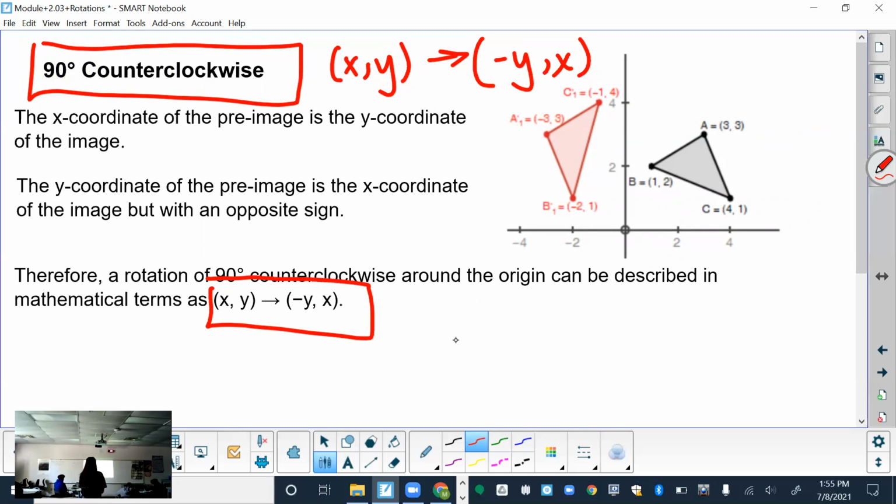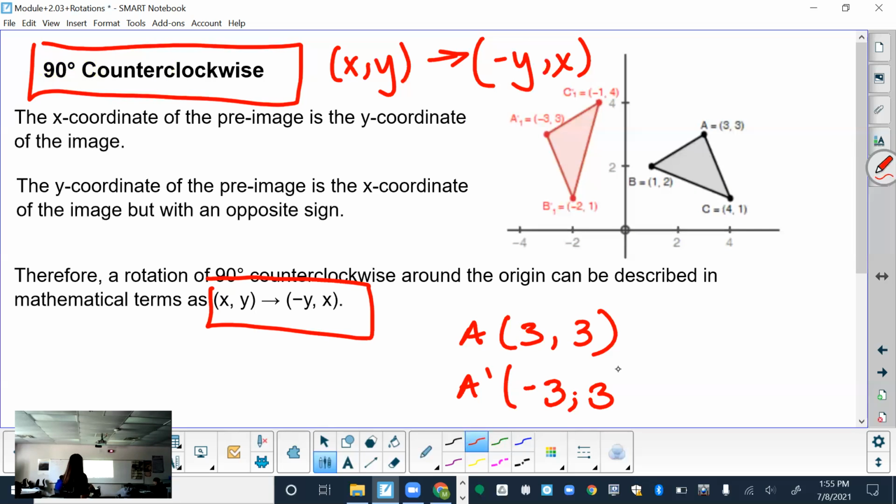So if my original was 3, 3 for A, then my rotated image would be a negative y value. So my y value is 3. It's now going to be negative. Then whatever the original x value was, and no change to sign there. That does match what we have over here.